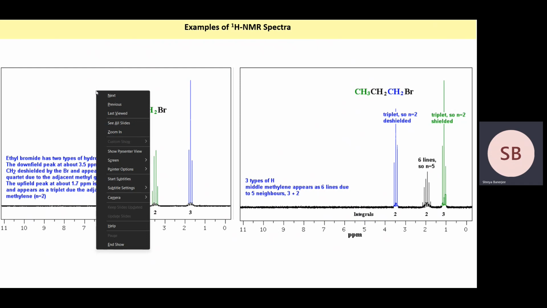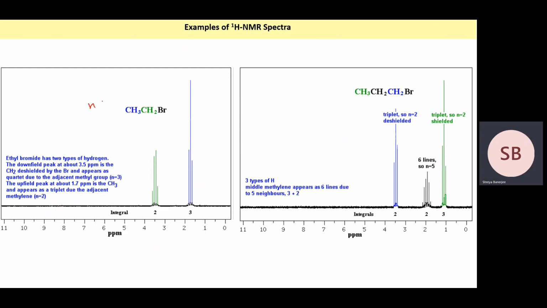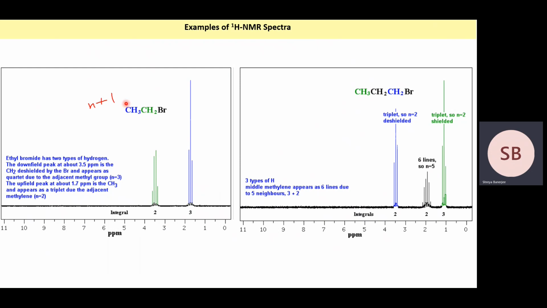So the rule of splitting, as you know, is n+1. Since there are 3 hydrogens adjacent to it, the green peak will split by 3+1, that is, it will split into 4 peaks. Now the blue peak has 2 hydrogens adjacent to it, so it will split into 2+1, that is 3 peaks.